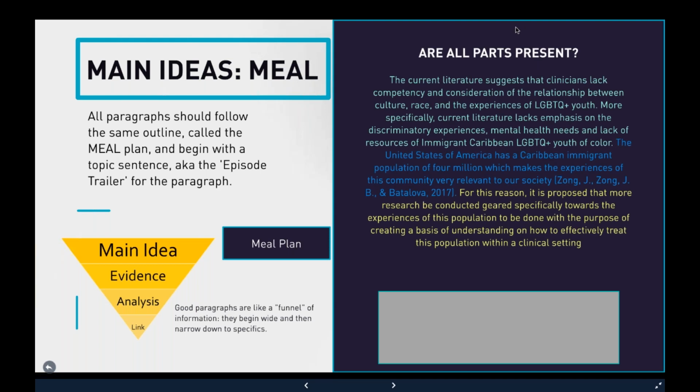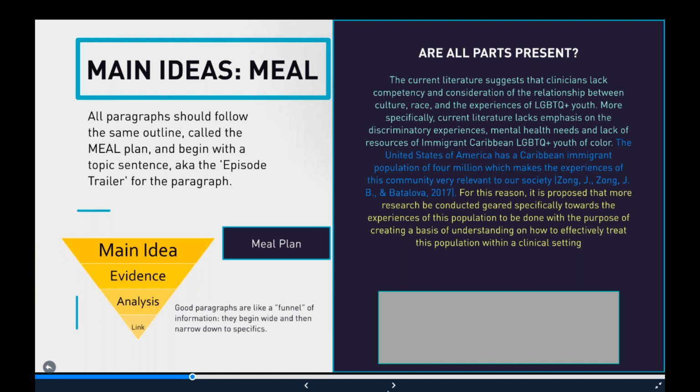So for example, let's look at this and decide if all parts are present. The current literature suggests that clinicians lack competency and consideration of the relationship between culture, race, and the experiences of LGBTQ youth. More specifically, current literature lacks emphasis on the discriminatory experiences, mental health needs, and lack of resources of immigrant Caribbean youth of color.